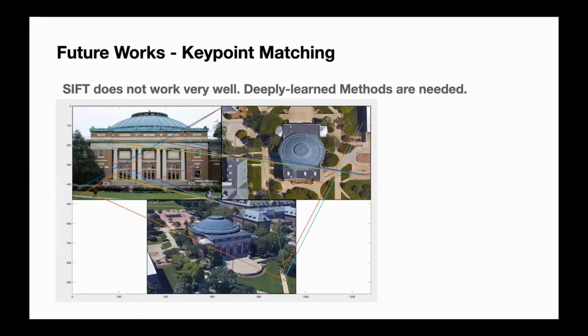And I also checked several traditional key point matching methods. SIFT did not work very well, but we think maybe other deep learning methods could help and could do better on our data set.